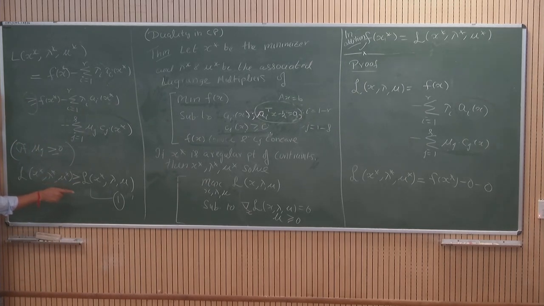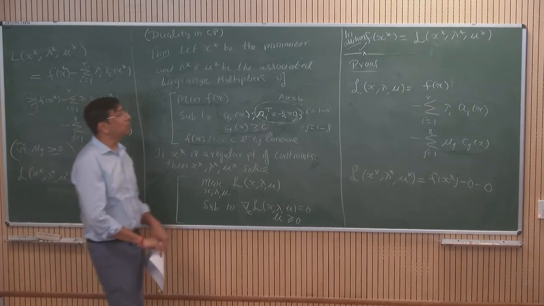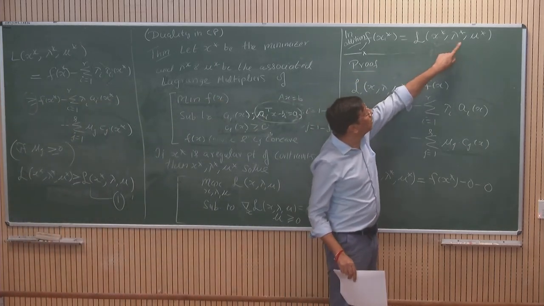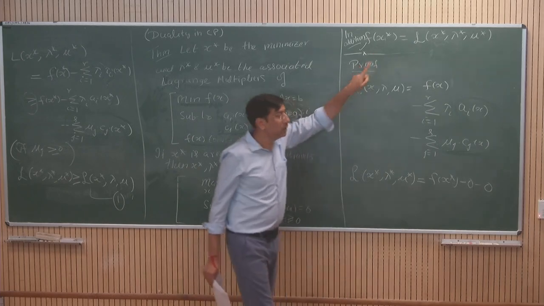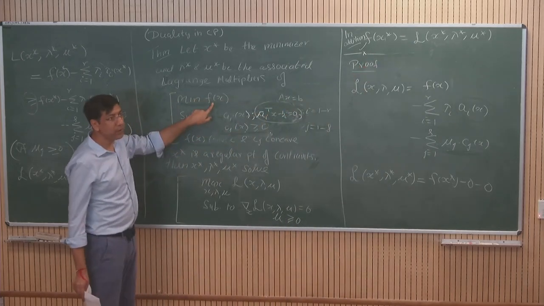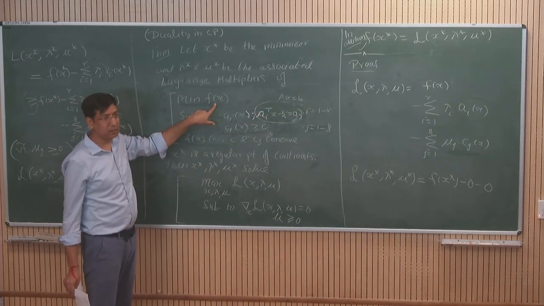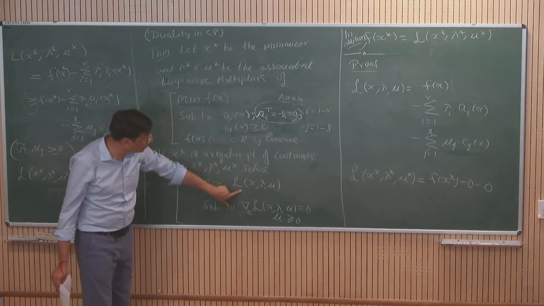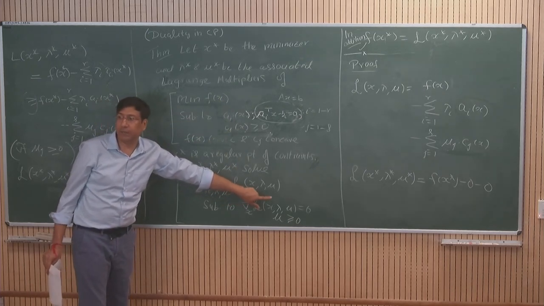My goal is to eventually get a relationship between the Lagrangian at x star, lambda star and mu star, because I know the Lagrangian of x star, lambda star, mu star is f of x star, and I am trying to minimize f of x, or find this f of x star. So I have to somehow bring it in terms of the Lagrangian of x, lambda and mu.